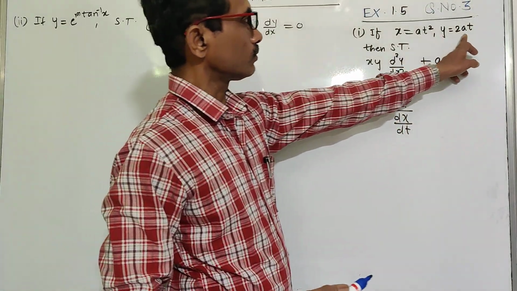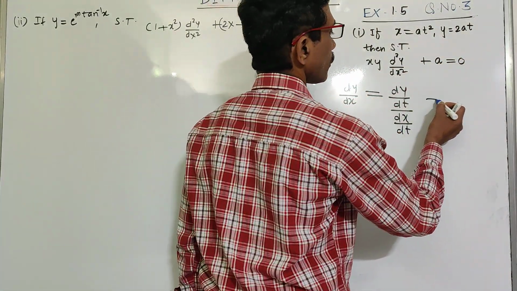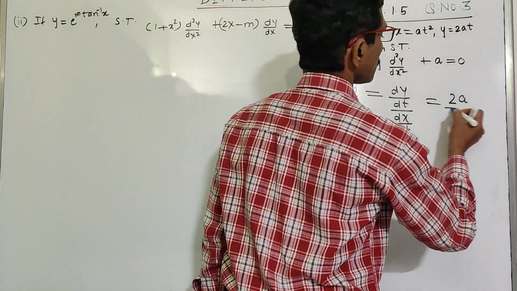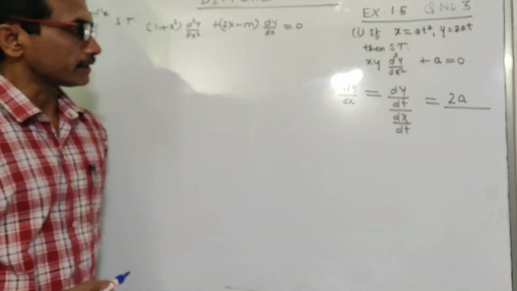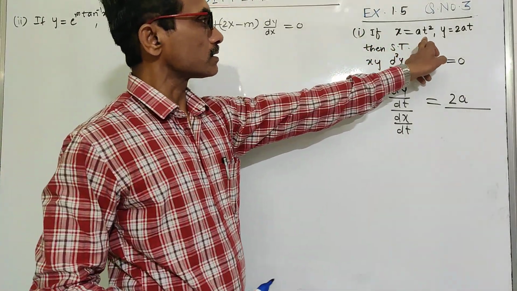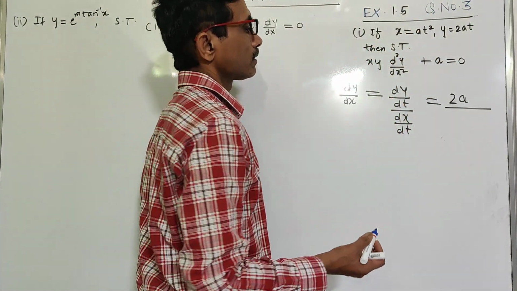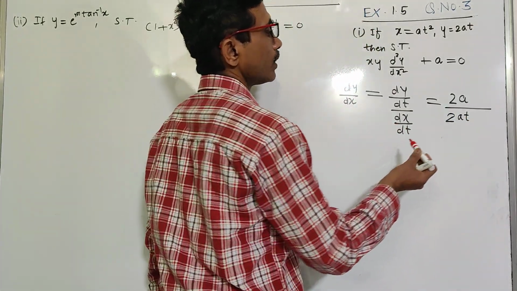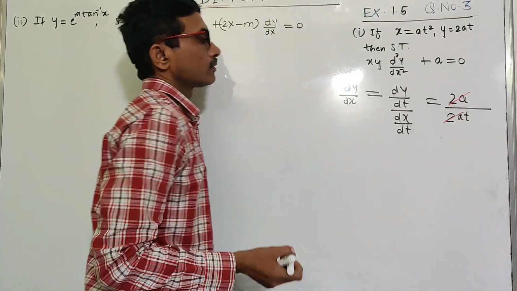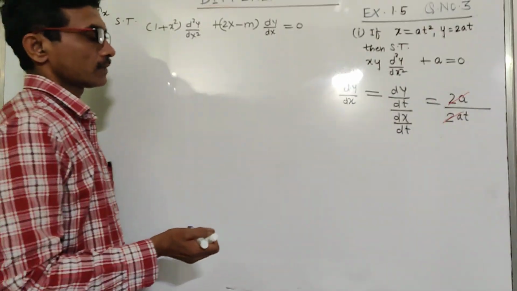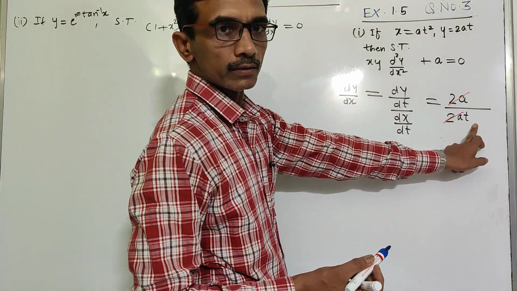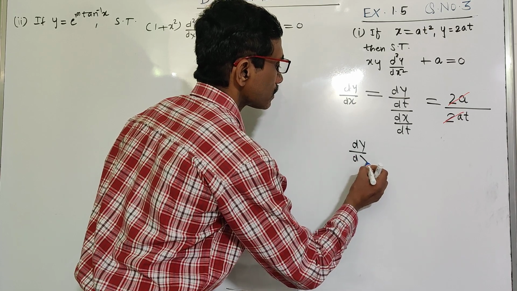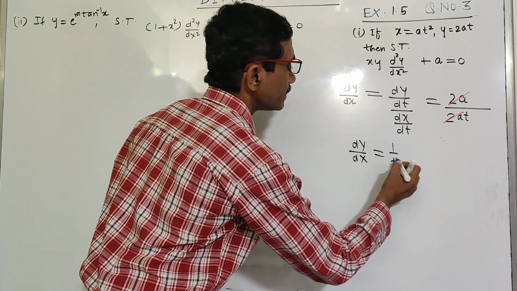See, y is equal to 2at, so dy by dt, the derivative of 2at with respect to t, is 2a, and dx by dt, the derivative of x is equal to at square with respect to t, is 2at. Now this 2a is getting cancelled. What is left on the right hand side? 1 upon t. So dy by dx is equal to 1 upon t.